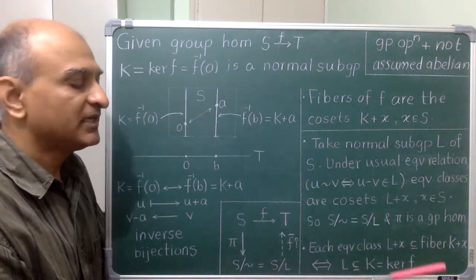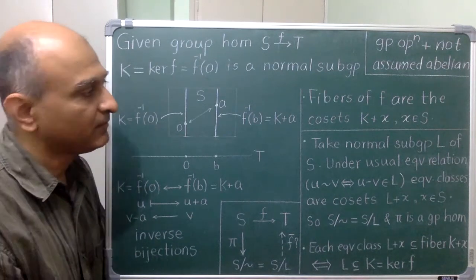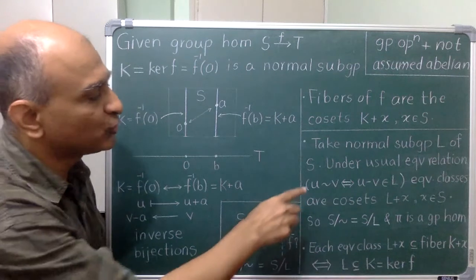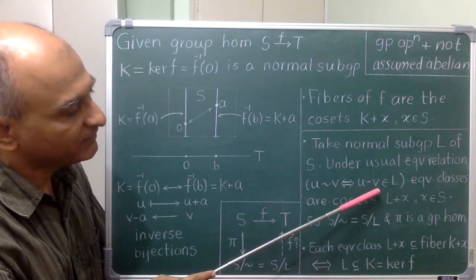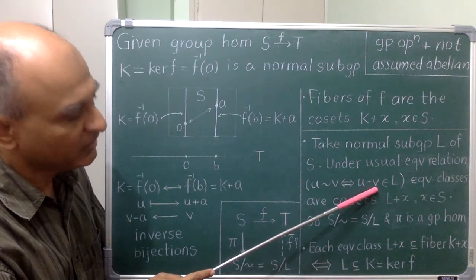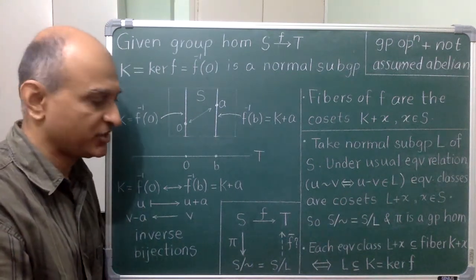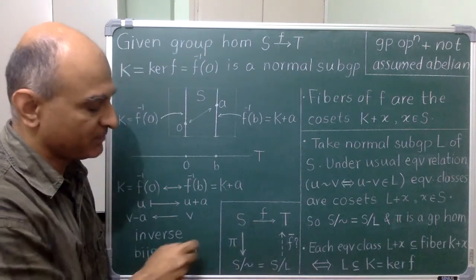Alright, let's put this on the side for now and independently take a normal subgroup L of the source group S. As usual, I have an equivalence relation on S because of L. So, I am in the usual situation where I have a map and a quotient map.